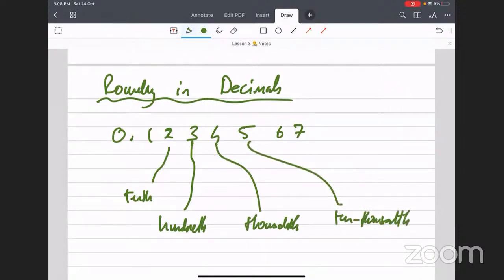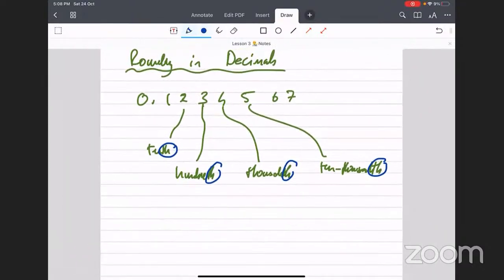You should notice the th, right? Tenth, hundredth, thousandth, ten thousandth. You notice the th, right?